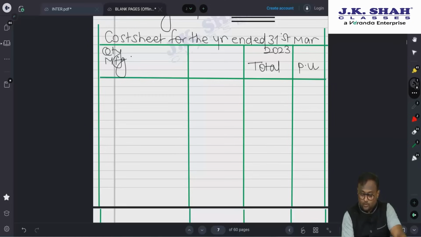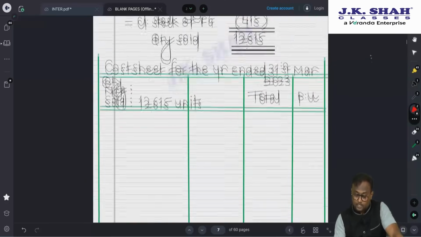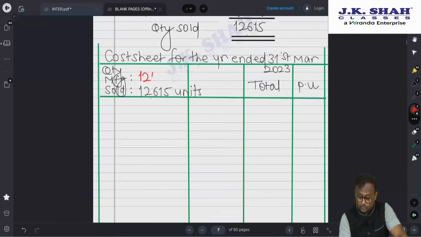I have to begin with quantity manufactured and quantity sold. 12,615 units is quantity sold, and 12,405 units is quantity manufactured. How do you know? Working note 1.